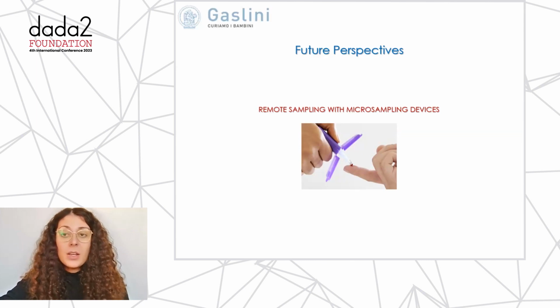In particular, we would like to try to use microsampling devices which allow home sampling and the separation of plasma from whole blood without the need for centrifugation, and so the need of a laboratory. And it would be important to receive samples from patients all around Italy and all around the world.